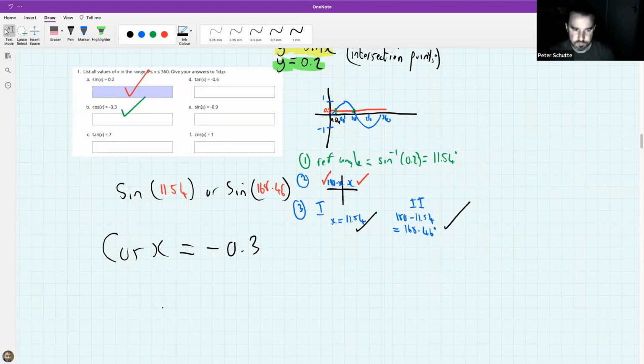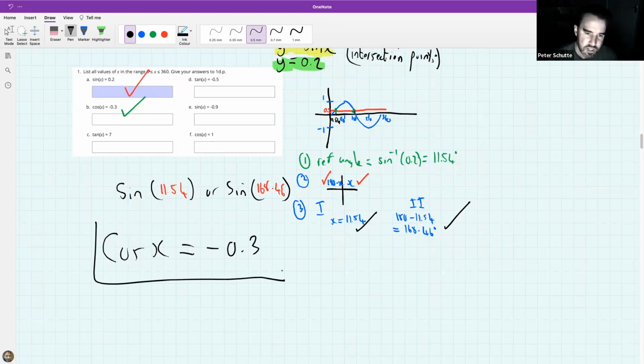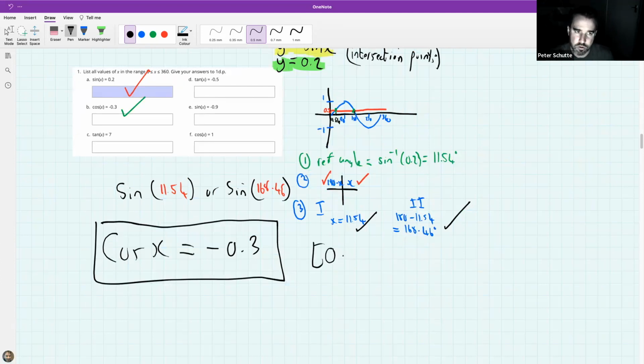So off we go. And for those who are feeling stuck, please raise a hand or let me know. For the rest of us, I want to solve this trig equation in the domain 0 to 360. And I'll even give you a little cos graph to help you.